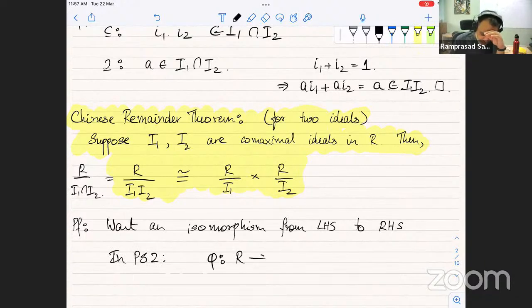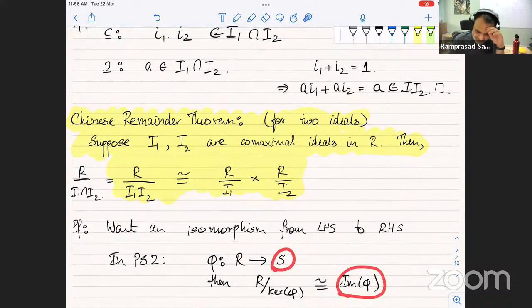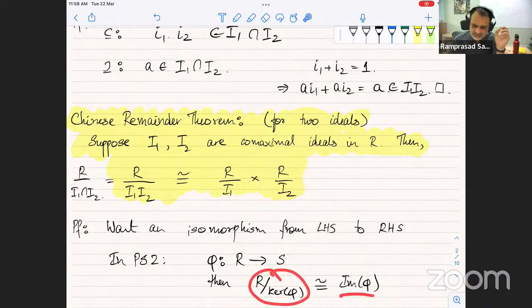Whenever you have a homomorphism phi from R to S, it doesn't have to be rings, it could be groups, vector spaces, whatever, then you immediately get that R quotiented by the kernel of phi is isomorphic to the image of phi. The image of phi is going to be some subring on the right-hand side, and this says that R quotiented by the kernel is isomorphic to the image.